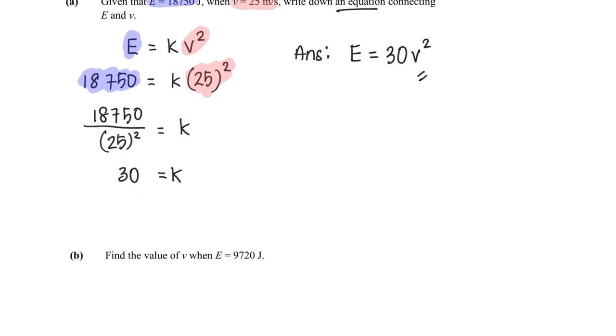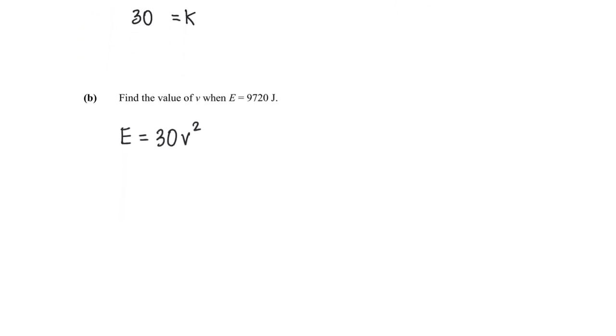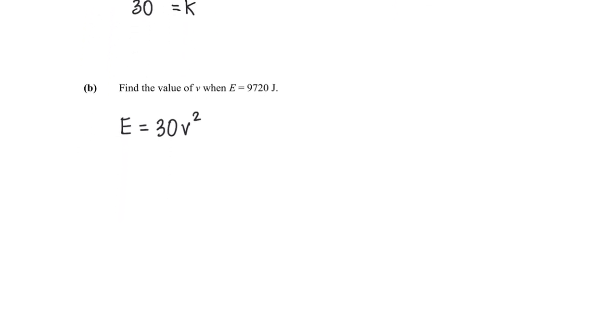Once I have this, it becomes pretty important for the subsequent question, which I'm going to copy down here. Because now they give me the number for E, which is 9720 equals 30 V square. How can I find my V? Yep, I'm going to divide by 30 on both sides.